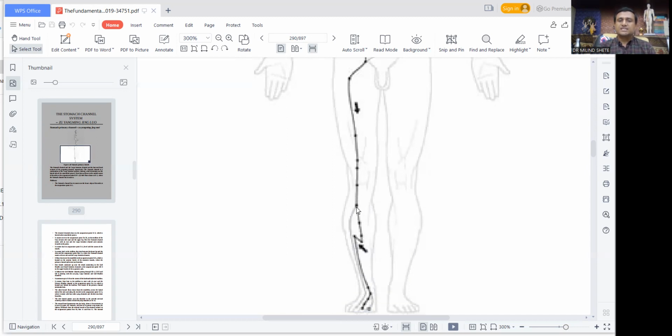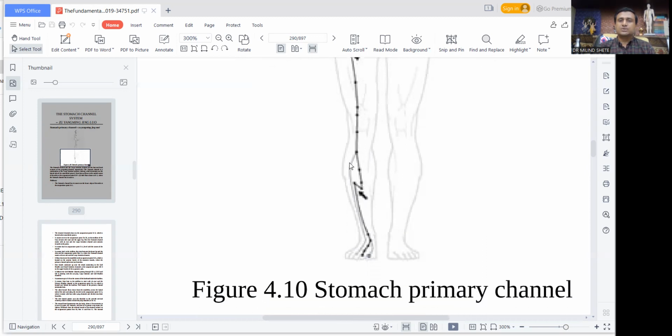Then from ST36, one branch goes down and ends at the dorsum of the foot in the middle toe.